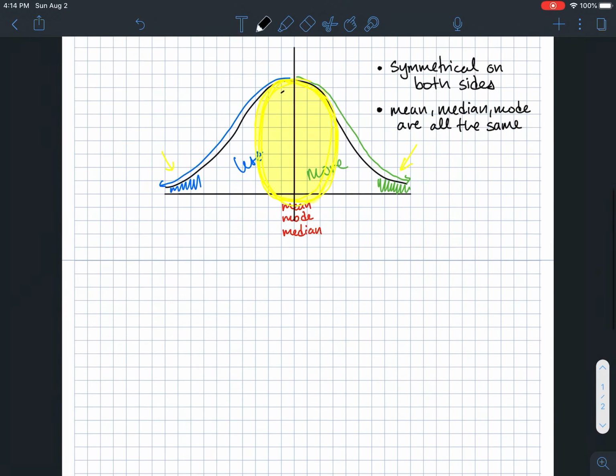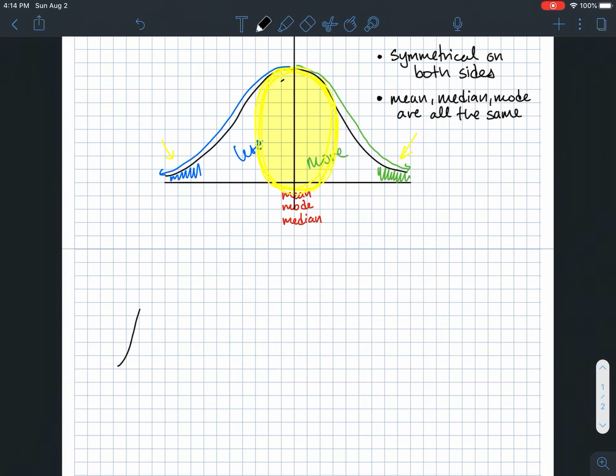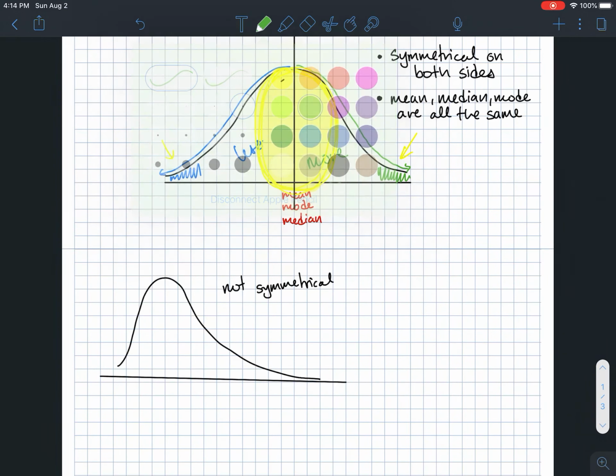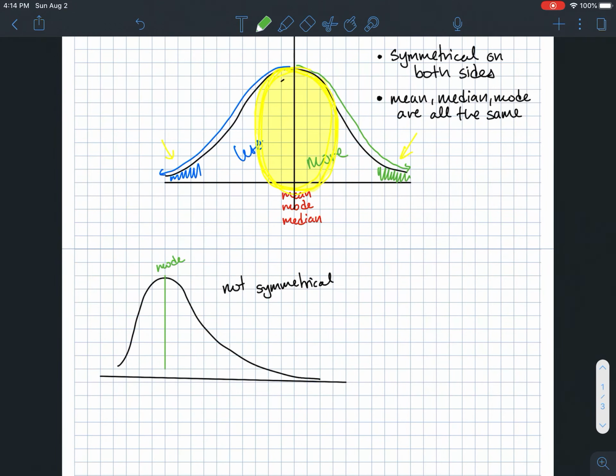And so that's what makes a graph normal. When we see something that looks like this, that's skewed to the right, we can tell that it does not look symmetrical. My mode is going to be right here, because that's the highest point. But that's not the average.